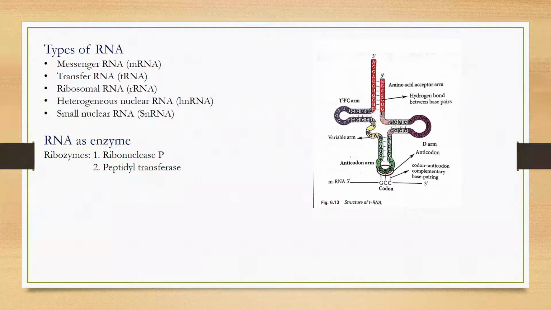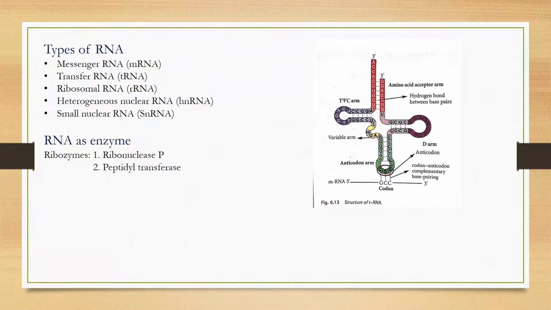The 40S nucleoprotein subunit contains a single 18S rRNA and about 30 proteins. The S values are not exactly additive when subunits are combined, because the sedimentation rates are influenced by the shape as well as the mass.